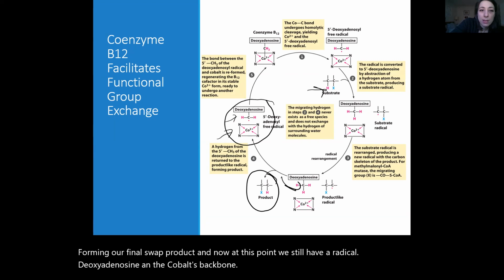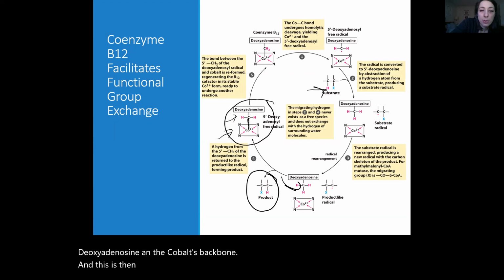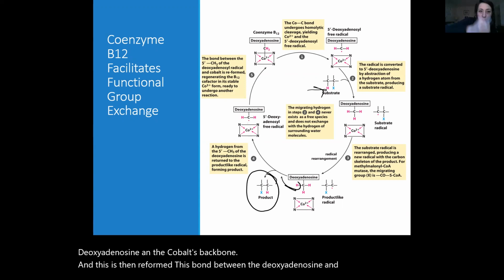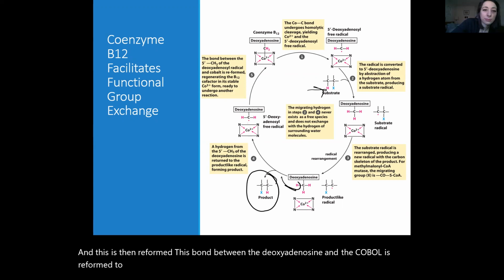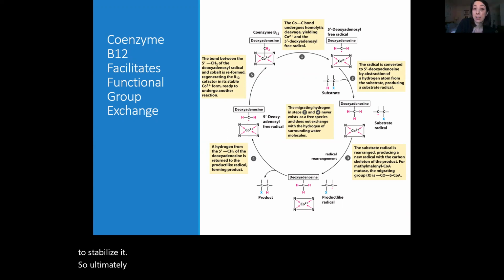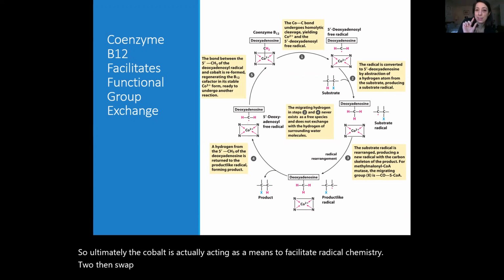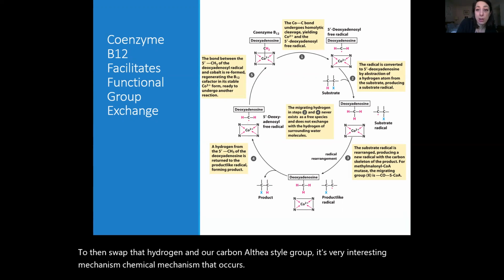This bond between the deoxyadenosine and the cobalt is reformed to stabilize it. So ultimately, the cobalt is acting as a means to facilitate radical chemistry to then swap that hydrogen and our carbonyl thiol group. It's a very interesting chemical mechanism that occurs in this process.